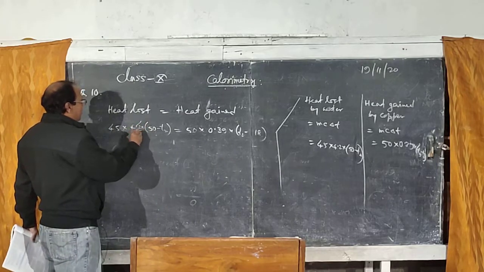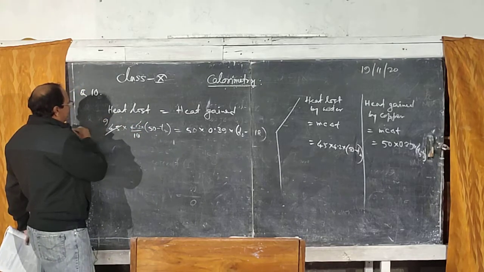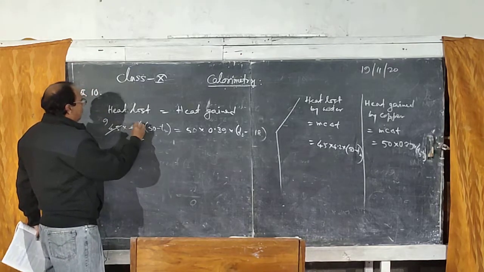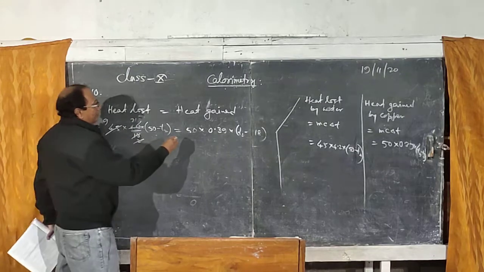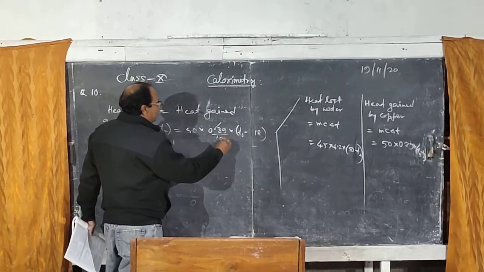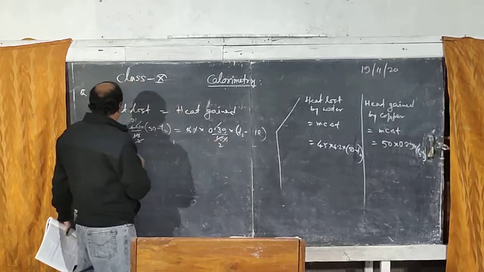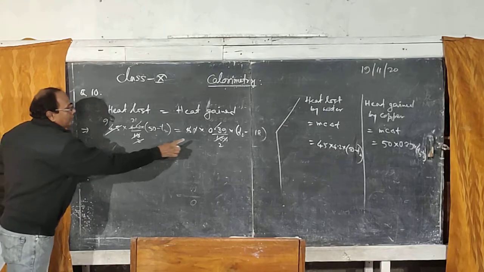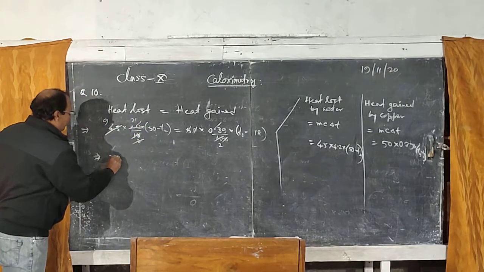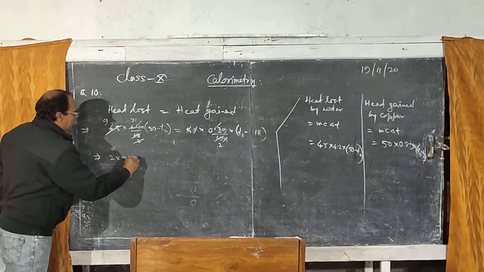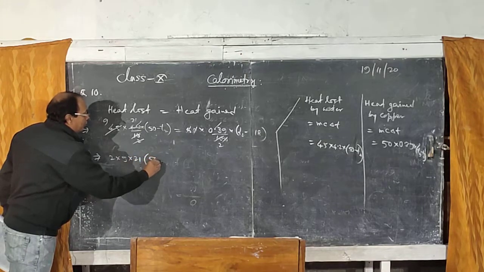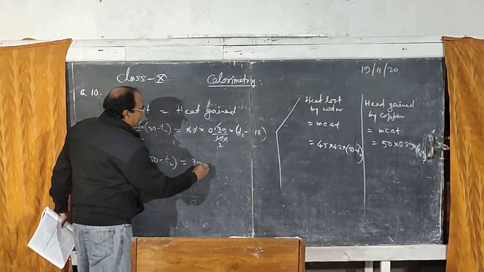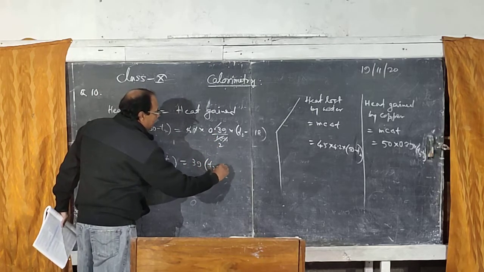Remove decimal point, 10 comes. 5 9s are 45. 5 2s are 10. 2 42 21. Okay, here remove decimal point, 100 comes. 0 0 cut. 5 2s are cut. Now next line, this 2 you can bring here. 2 into 9 into 21 whole into 50 minus T2 is equal to 39 whole into T2 minus 18.